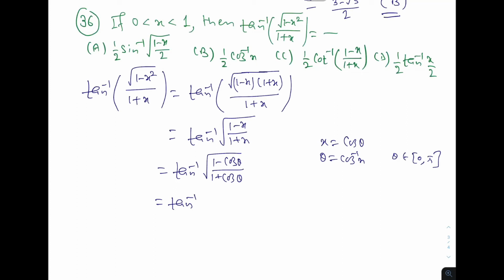This is equal to tan inverse, this is standard formula for tan square theta by 2, and so this is equal to tan inverse tan theta by 2, and now theta is in 0 to pi, so theta by 2 in 0 to pi by 2, and so that tan theta by 2, so that we are having now theta by 2.